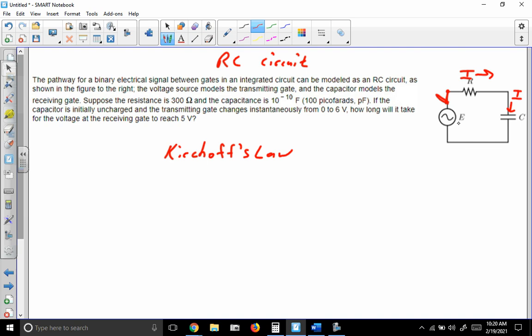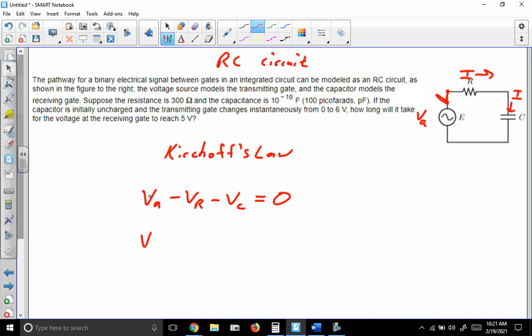What that basically means, in our case, is that we have a voltage being applied from the battery, and then we're going to lose some voltage as we go across the resistor, and we're going to lose some voltage as we go across the capacitor, and that total is zero. So the applied voltage, and then take away the voltage that's used, and in that loop, our net voltage is zero because all of the electrical potential is being used.